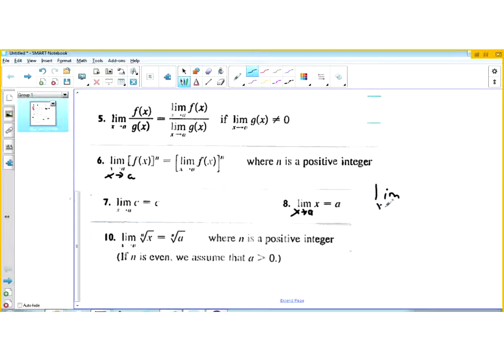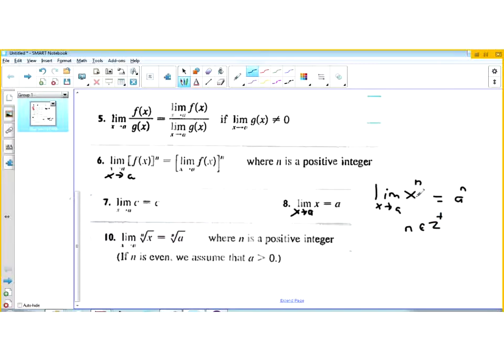The limit as x approaches a of x to the n is equal to a to the n. And again, n is presumed to be a positive integer.